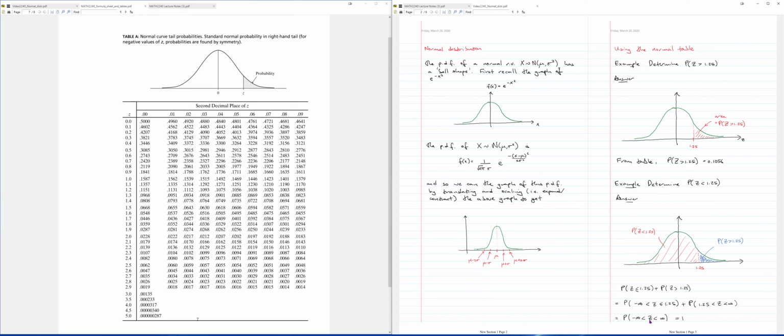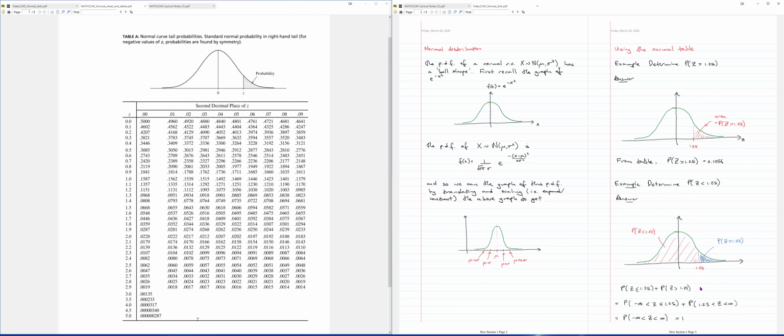For any continuous random variable, the probability between minus infinity and infinity is always equal to 1. That's a little justification for why the red area and the blue area sum to 1. It's similar to probability A plus probability A complement equal to 1, which we saw before.